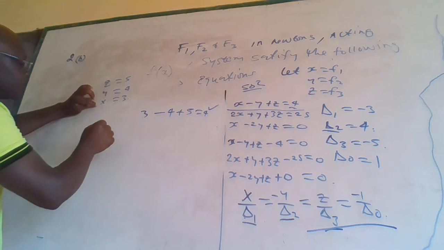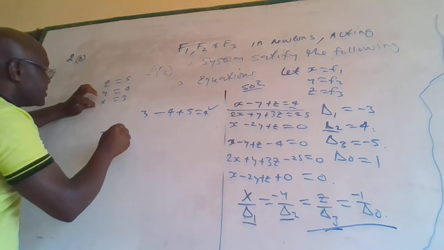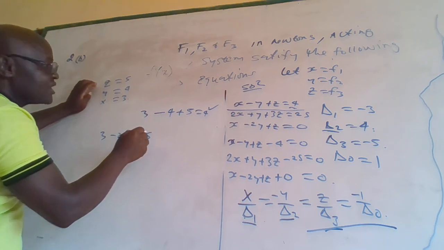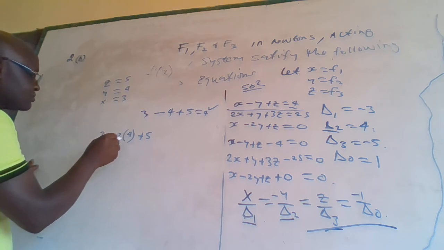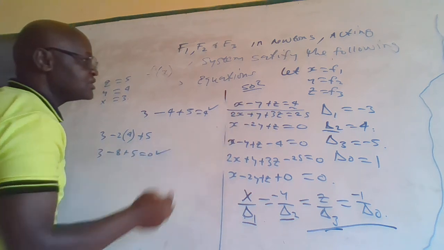Let's confirm the last equation. X is 3 minus 2y, y is 4, then plus z is 5. I said that it must give us 0. Let us see. 3 minus 8 plus 5, that's okay.